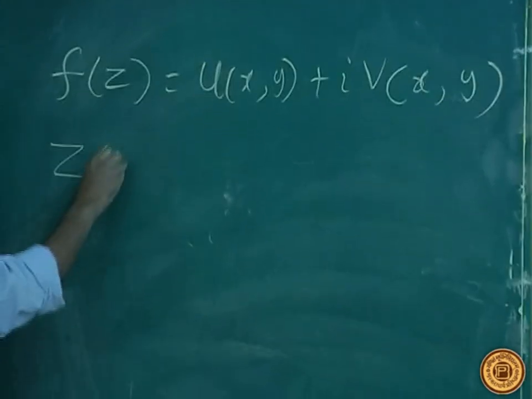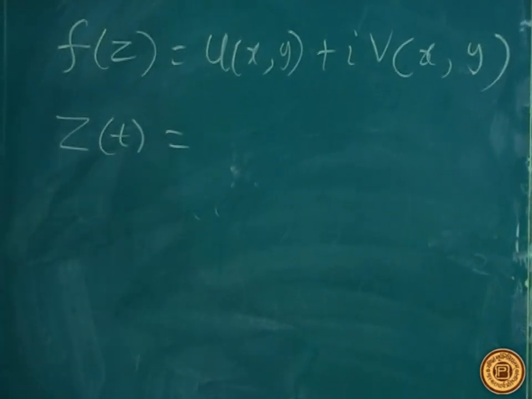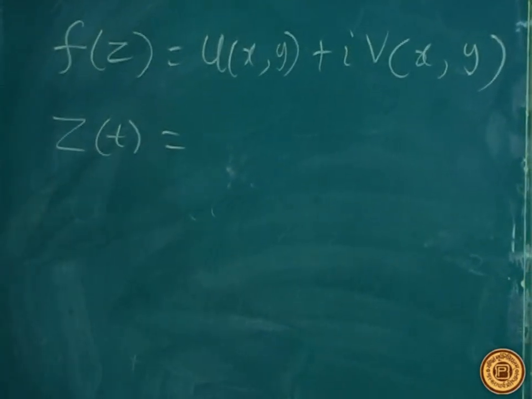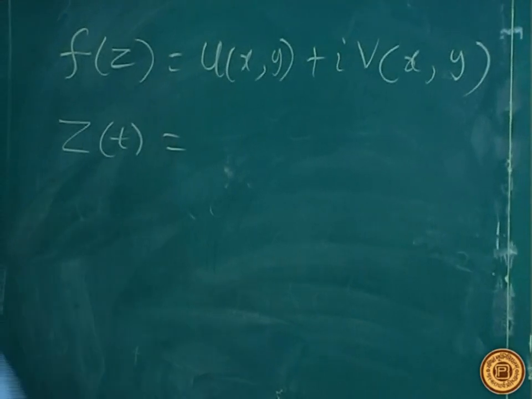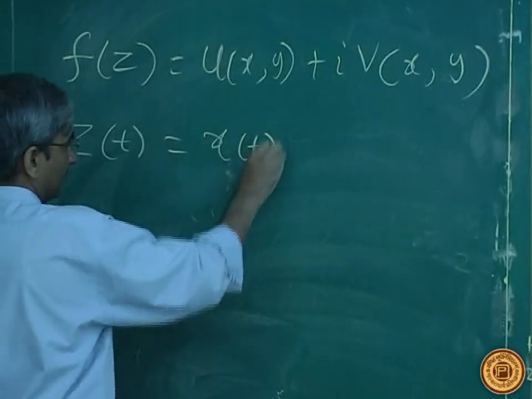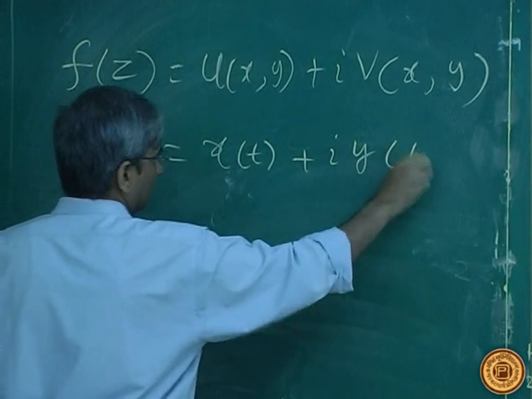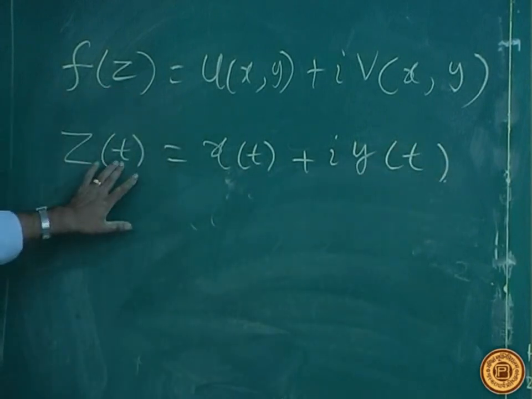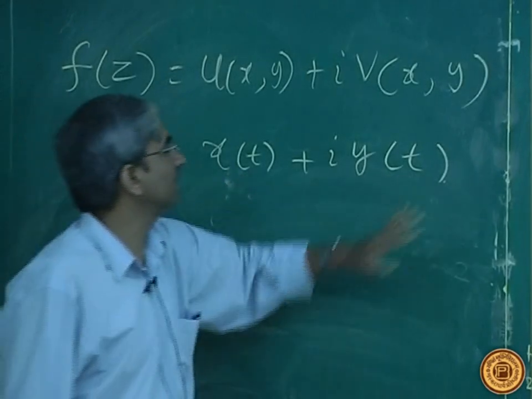And zt as xt plus i times yt, because this is a function of t, so it has real part xt and imaginary part yt.